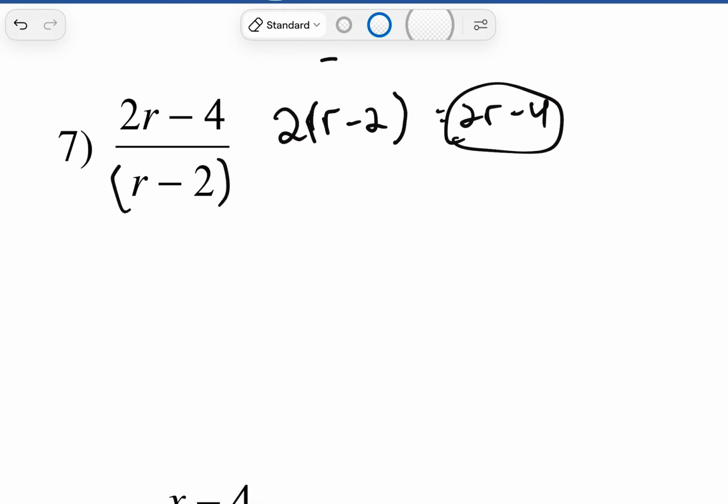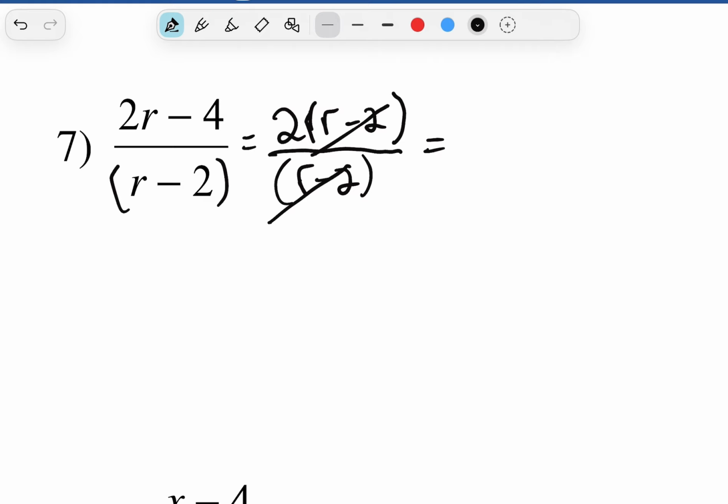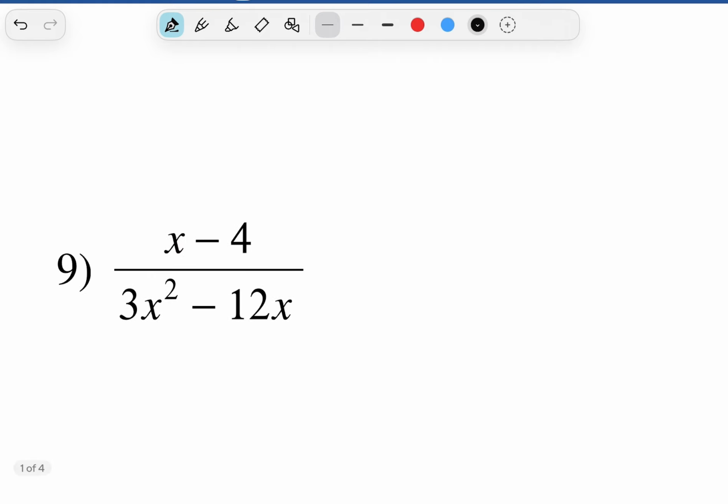But now we know that this value, 2 times r minus 2, is the same thing as 2r minus 4. And we know that we have an r minus 2 on the bottom. I can put parentheses around it, knowing that now we can cross out this whole parenthesis with this whole parenthesis, and the only thing remaining is a +2. Let's do one more.